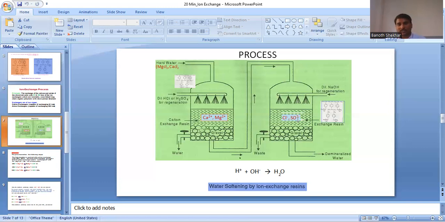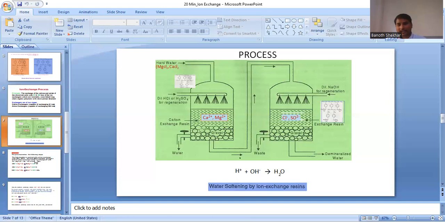Instead of these anions, OH- ions are released, and the H+ and OH- ions combine with each other and produce water. This is one of the best reactions to understand the whole process.